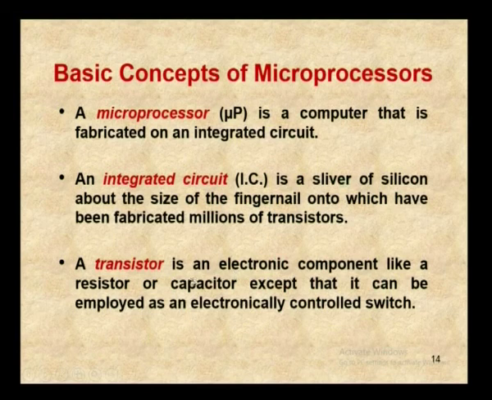In these integrated circuits, transistors are used as switches. In digital electronics, which you would have already studied, we have only two states, 0 and 1. The 0 and 1 are realized by using a transistor, either the transistor is on or off. So, using the transistor, we can create zeros and ones. Electronically it can be controlled, and the entire digital system can be very easily realized.